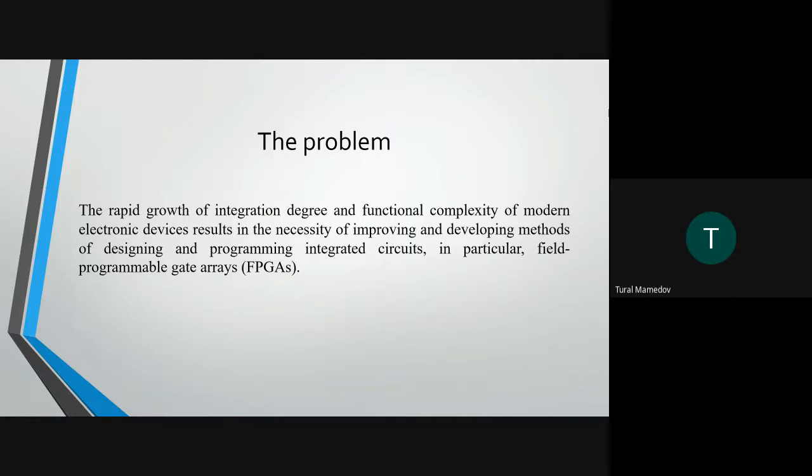These logic blocks can be configured to perform complex combinational functions or merely simple logic gates. In most FPGAs, the logic blocks also include memory elements, which may be simple flip-flops or more complete blocks of memory. And many FPGAs can be reprogrammed to implement different logic functions.